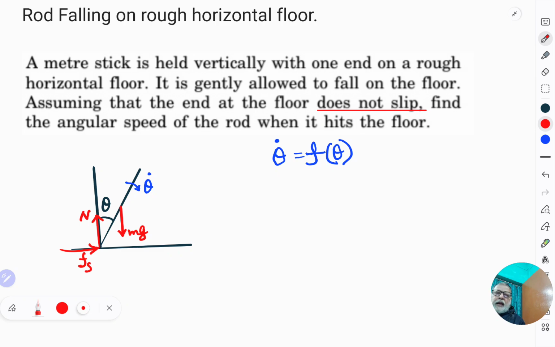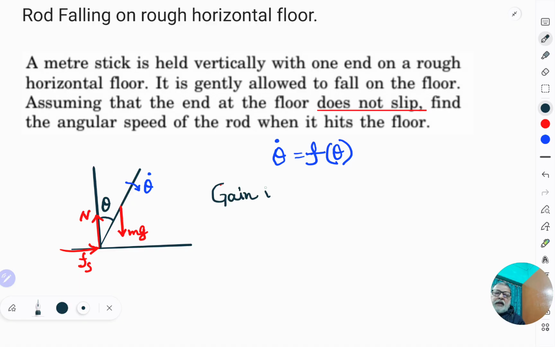So we can apply the particular form of work energy theorem for conservative forces. The gravity being a conservative force, we can say that gain in kinetic energy of the rod is equal to loss in gravitational potential energy of the rod.